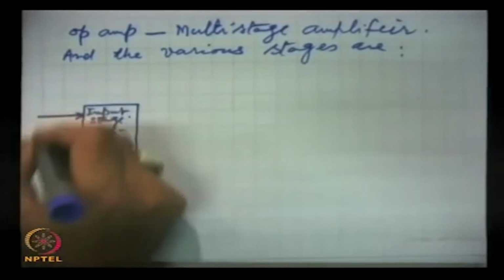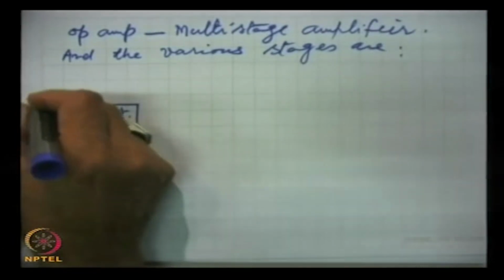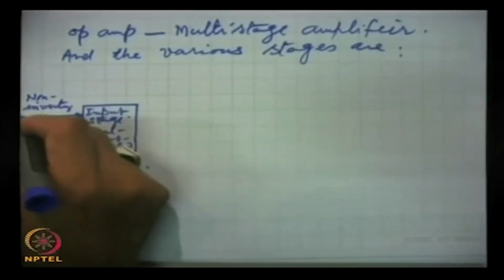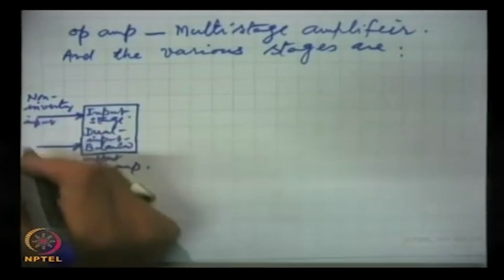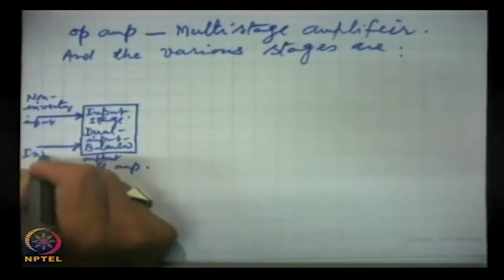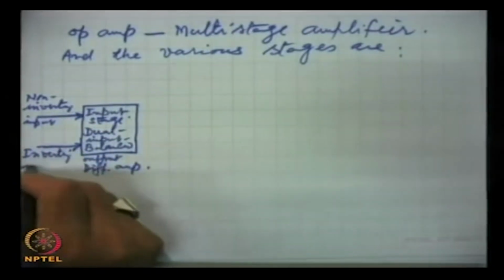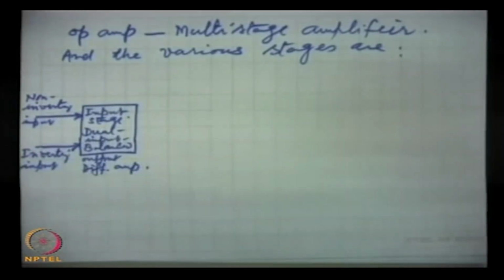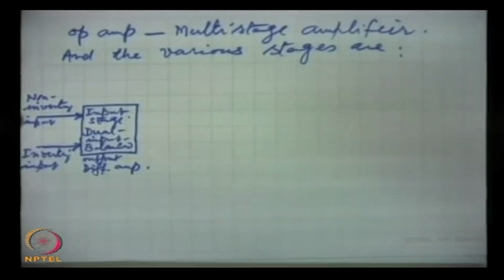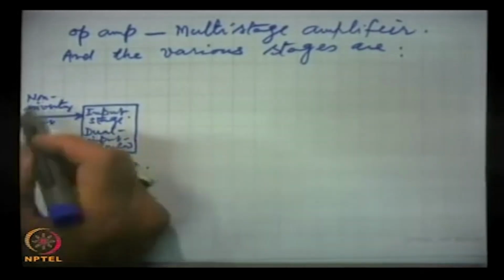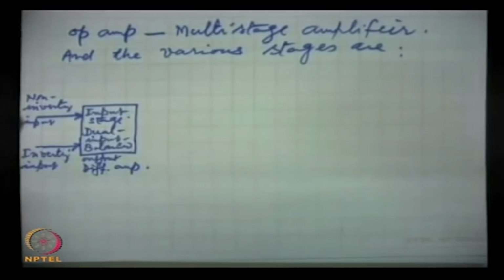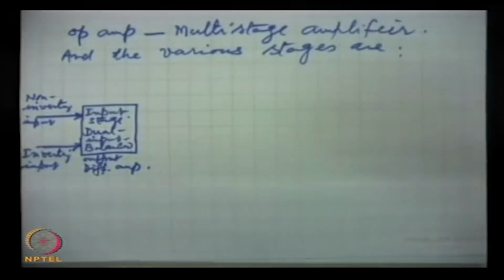This is the non-inverting input and this is the inverting input. We have talked in great detail that this is non-inverting. That means when we give any signal, the output of this amplifier will be there without changing its polarity.